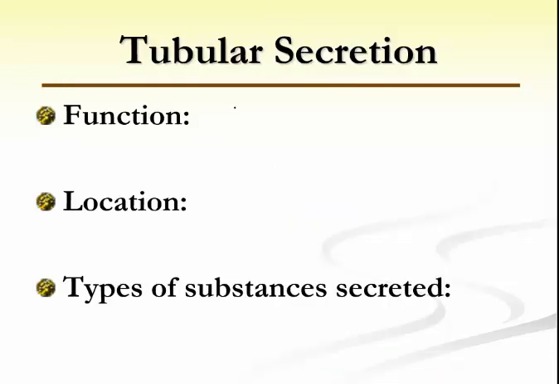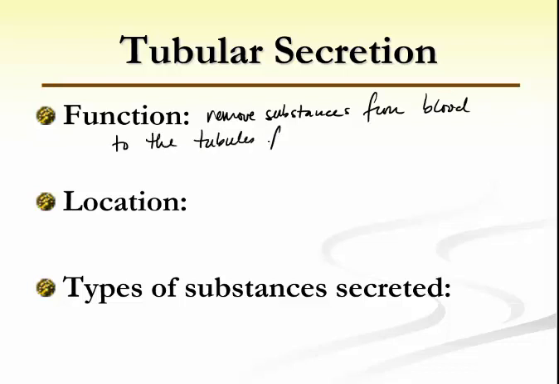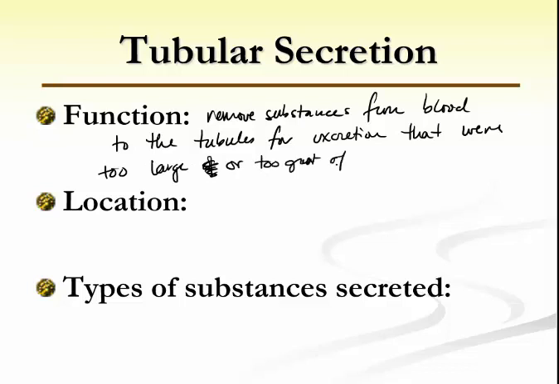Now, tubular secretion is to remove substances from the blood to the tubules for excretion that were too large or too great of concentration to be filtered.